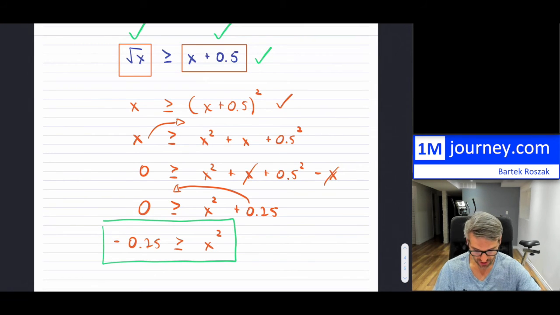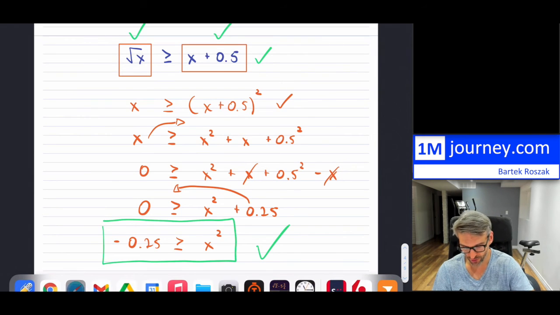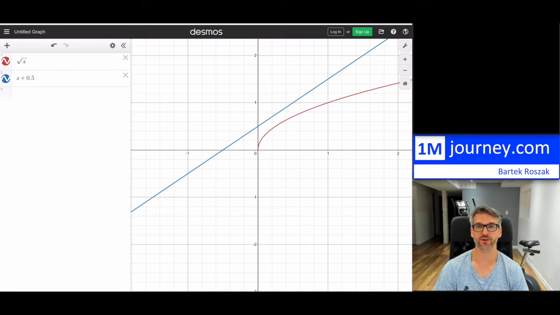In this case, there is no value of x, and we can see that through the graph right here. So if you ever have an opportunity to graph your left-hand side and right-hand side, do so to give yourself some intuition behind it, or at least sketch it in some way so that you can see it.